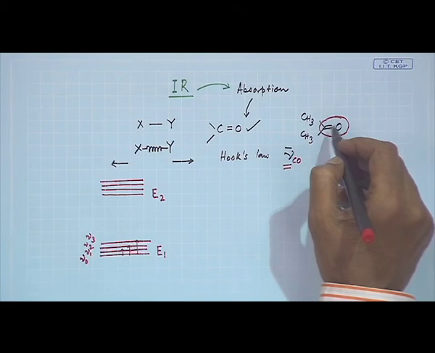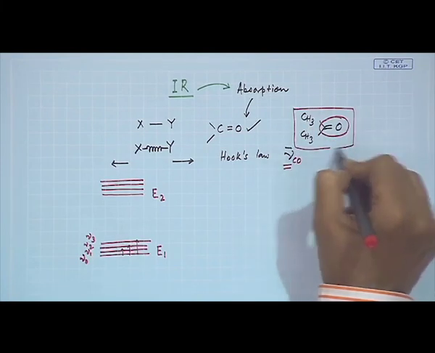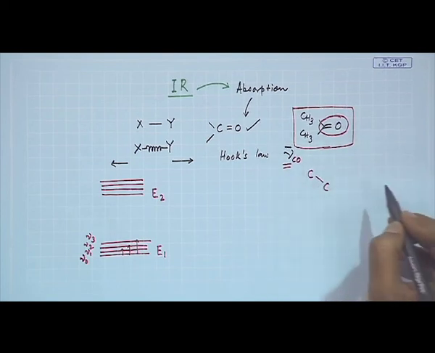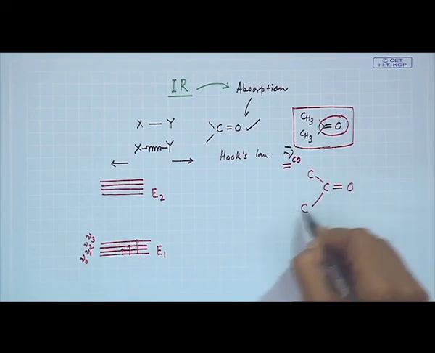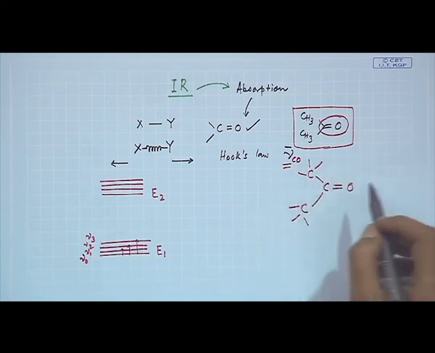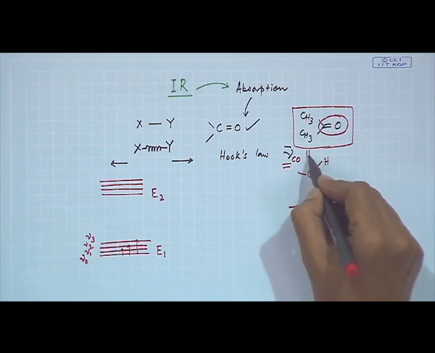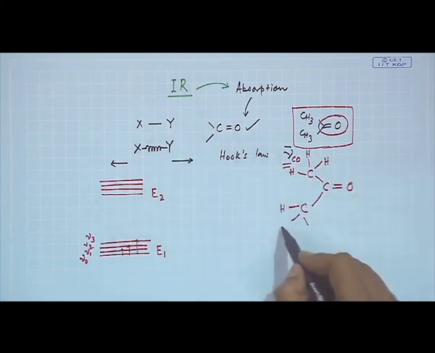If we look at the acetone molecule, we can have the C bond and this C bond and the C double bond, and this can also attach to these hydrogens. So, you see for this most simple one, the acetone molecule itself, we have so many bonds which are connected by XY combination.